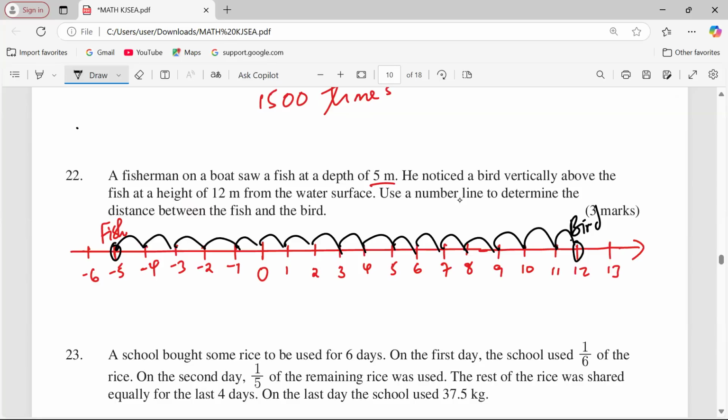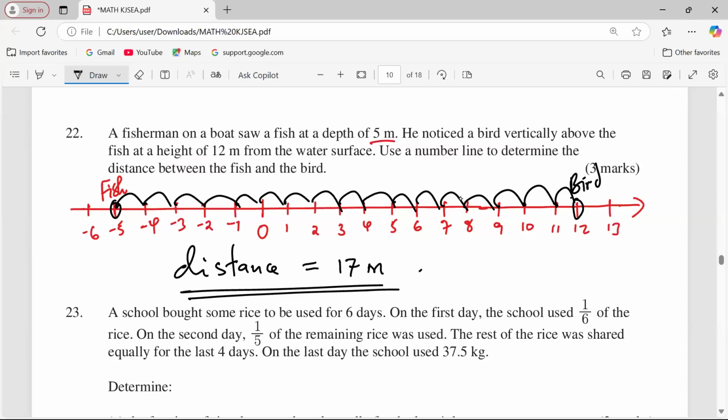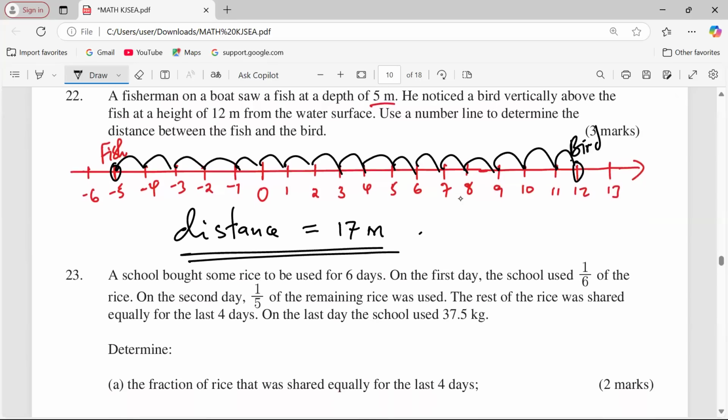So we have 17 meters. The distance between them is going to be 17. That is how we apply the number line in real life situations.